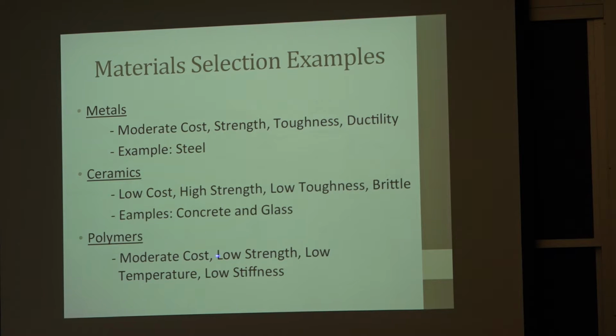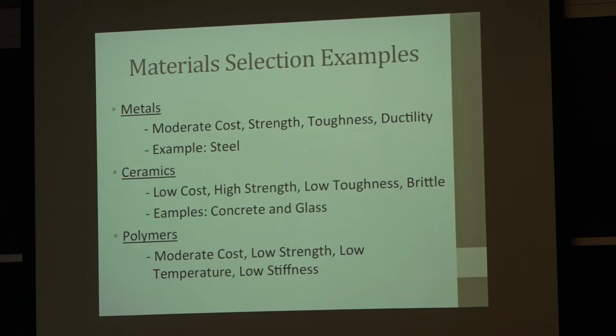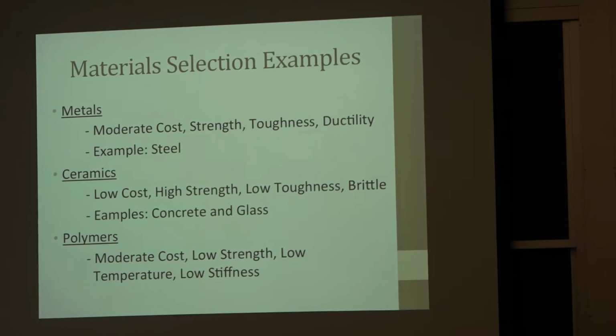We're not really going to do polymers because in terms of large volume, large structures, polymers are important for small components, but no one builds big, long bridges or tall buildings out of polymers because they just don't have the stiffness, the modulus. They also don't have the strength, except in fiber form. They are used for some large structures if we're talking about composites like fiberglass.